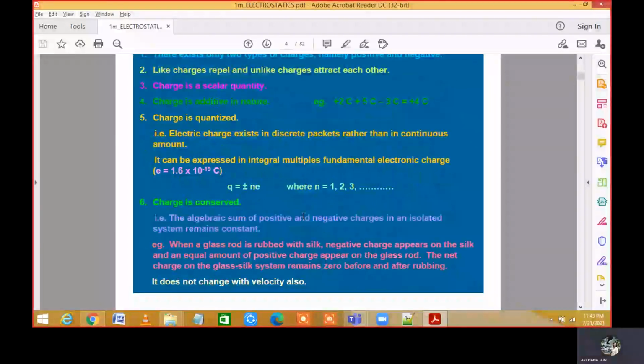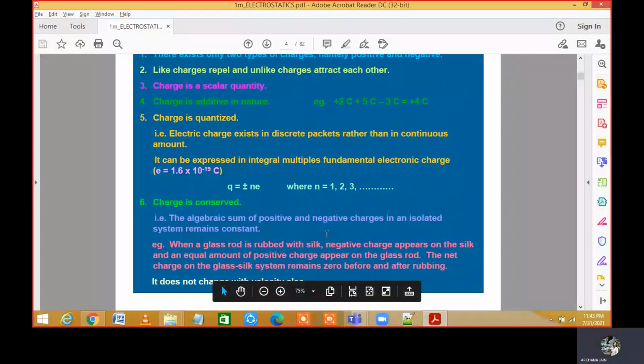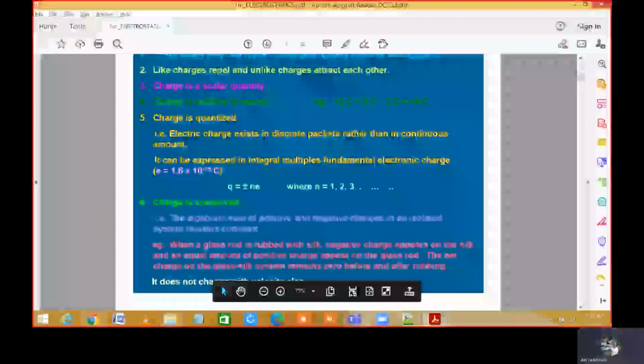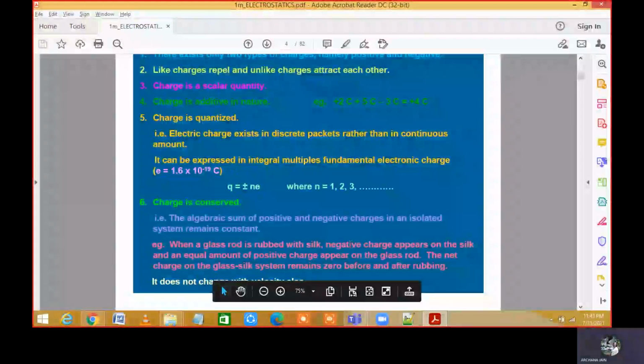Charge is conserved. The algebraic sum of positive and negative charges in an isolated system remains constant. When a glass rod is rubbed with silk, negative charge appears on the silk and an equal amount of positive charge appears on the glass rod. The quantity of charge on silk and glass rod is the same, but the nature of charge is opposite.